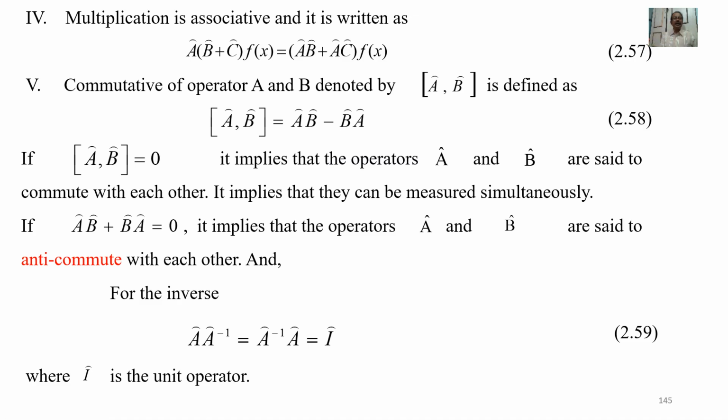It means that they can be measured simultaneously. The second condition is [A, B] is not equal to 0, in which case AB plus BA equals 0, and the operators A and B are said to anti-commute with each other. For the inverse, A inverse A equals I, where I is the unit operator.